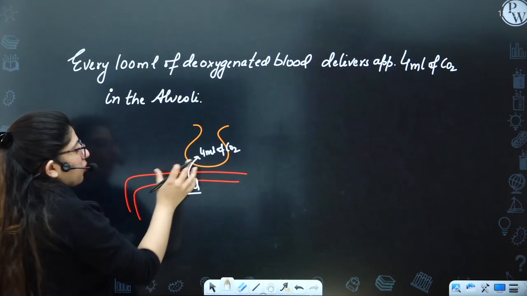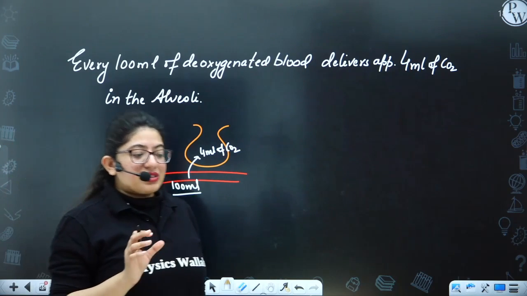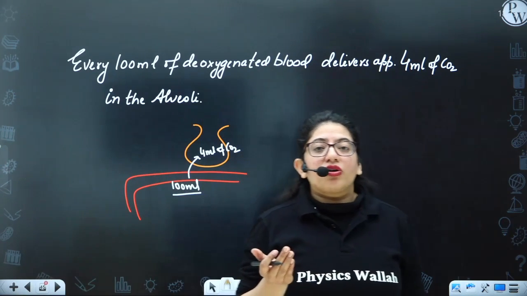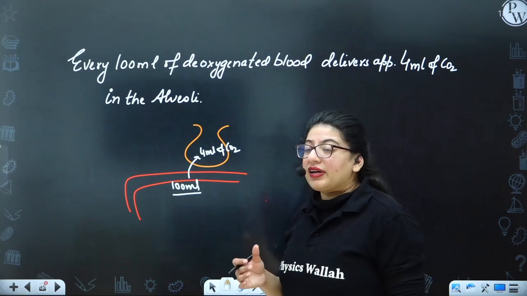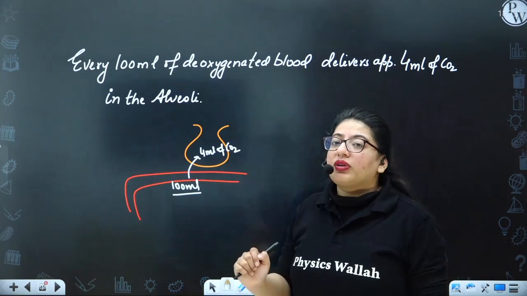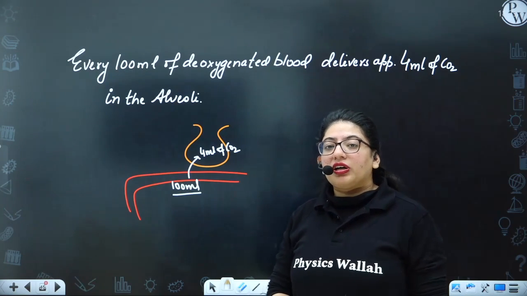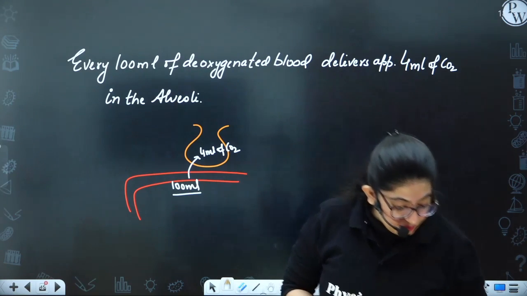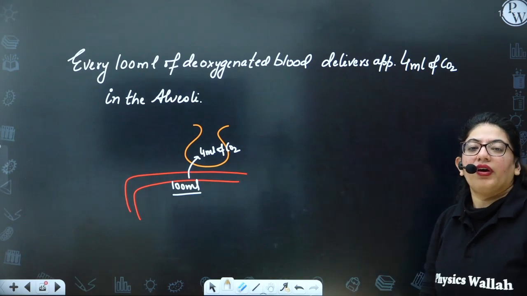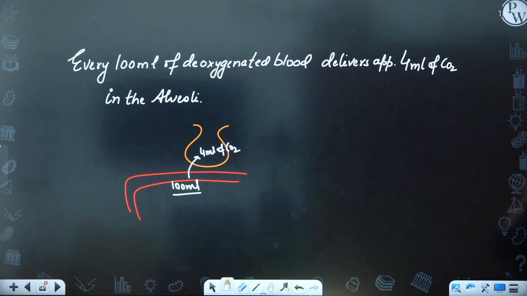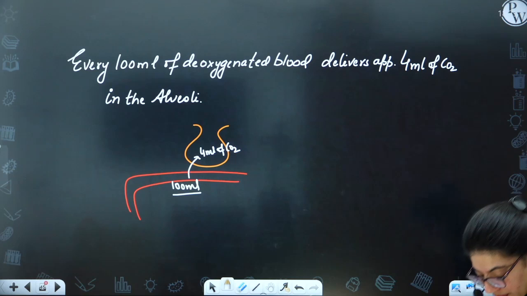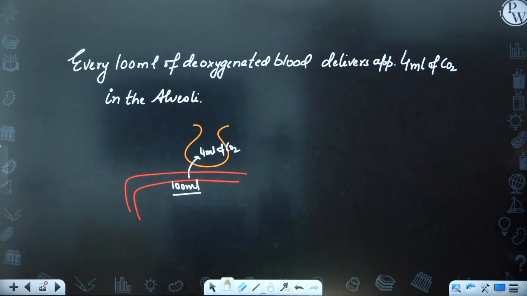This is what the sentence says. Like we have discussed how many ml of oxygen is delivered to the tissues, likewise, how much CO2 are you giving to the alveoli? Every 100 ml of deoxygenated blood gives 4 ml of CO2 in the alveoli. All right, remember this for a lifetime. It's also mentioned in the NCERT.